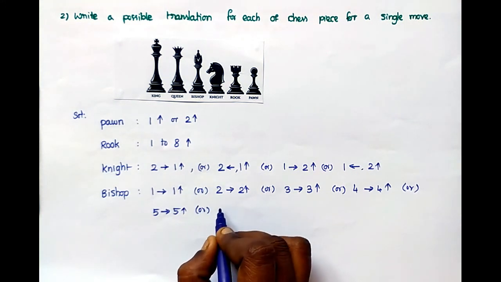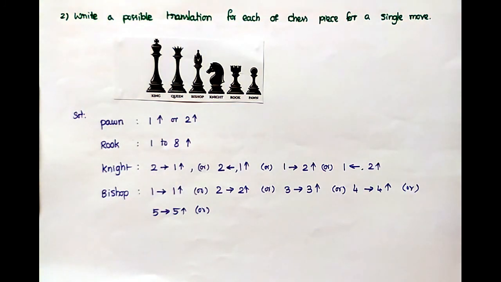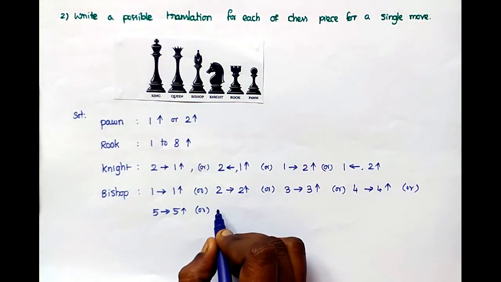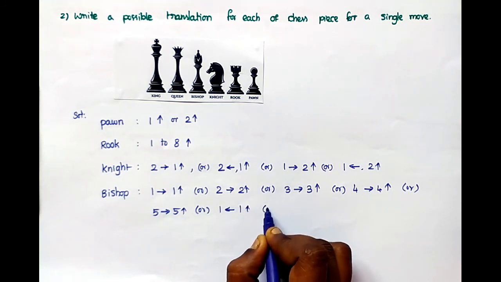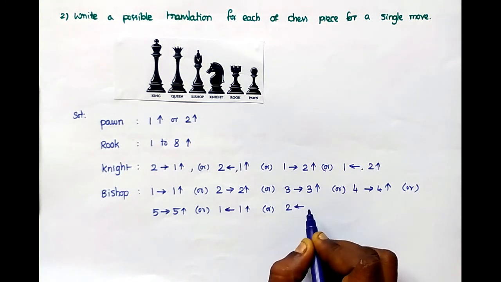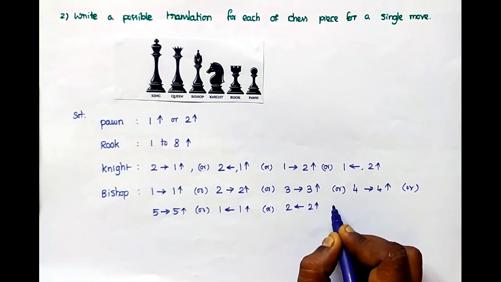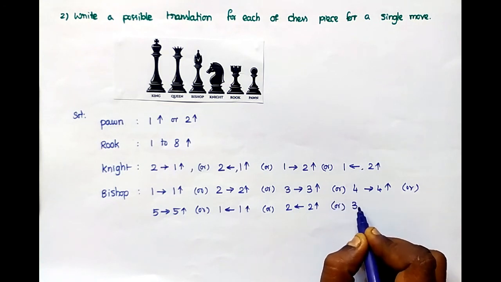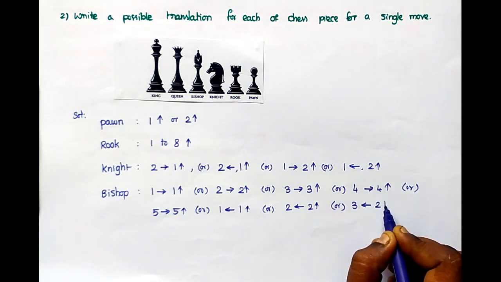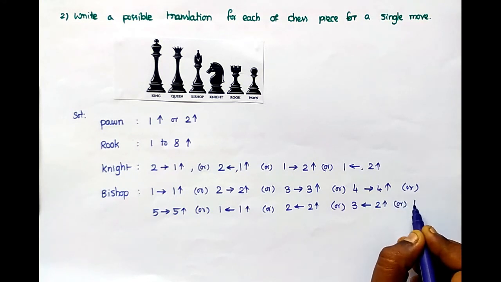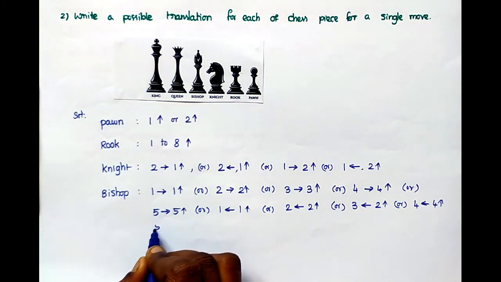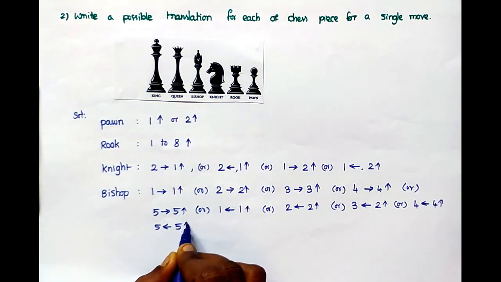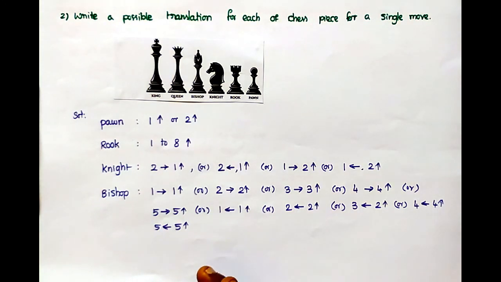Or on the left side: 1 step left side, 1 step upward, or 2 steps left side, 2 steps upward, or 3 steps left side, 3 steps upward, or 4 steps left side, 4 steps upward, or 5 steps left side, 5 steps upward. These are the possible moves for the bishop.